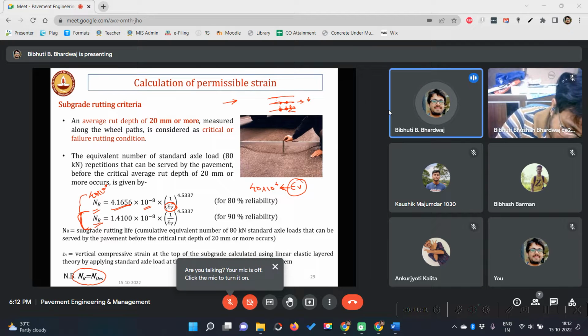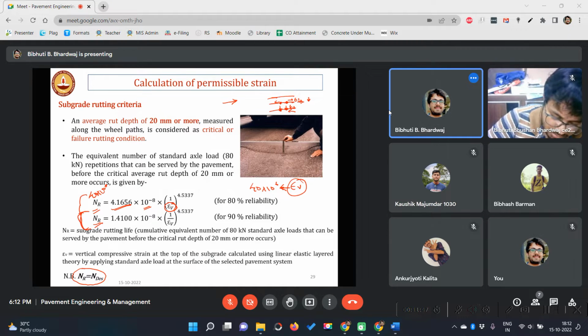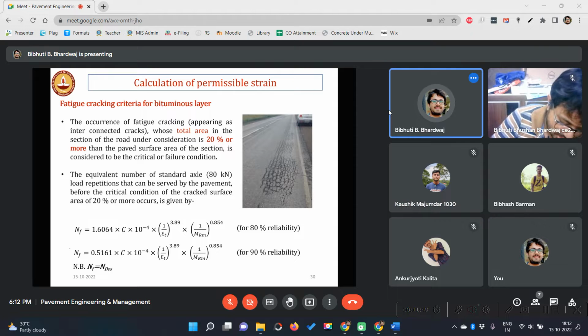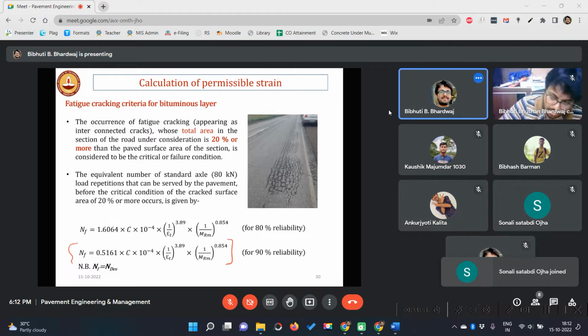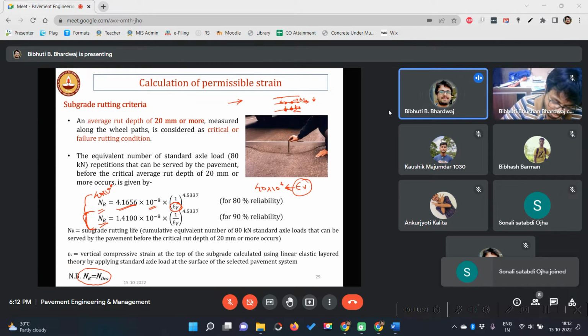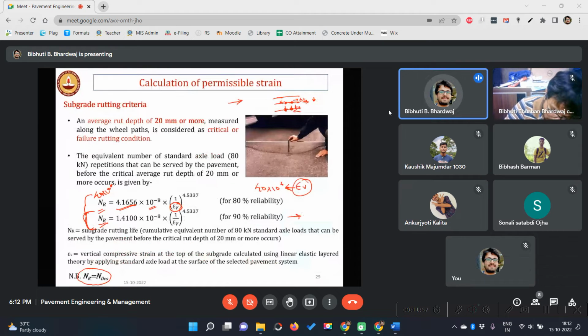But how to find out epsilon T, the tensile strain at the bottom of your binder course? For that also, there are formulas. So I request you to write down these two formulas, at least these two. Number 1, you write down this NR equal to this value, this equation you write down.